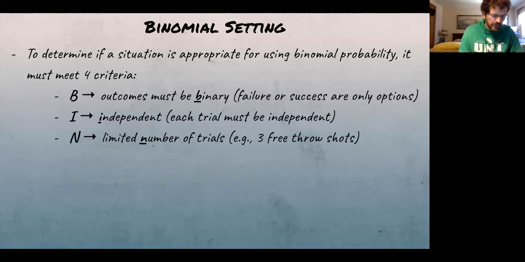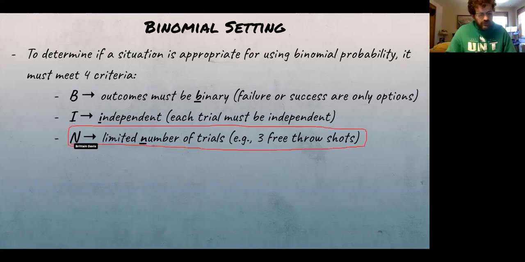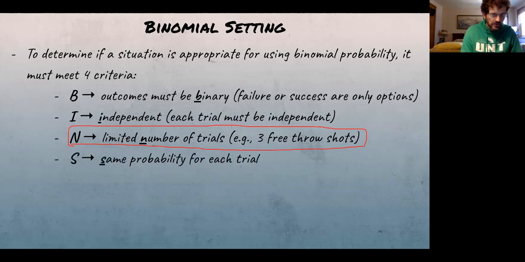If you've already read the chapter, you know there's a difference between this and the geometric probability. If it's a limited number of trials, then you're talking about binomial probability every time. And then the last one is the same probability for each trial. So of course our acronym here is BINS.